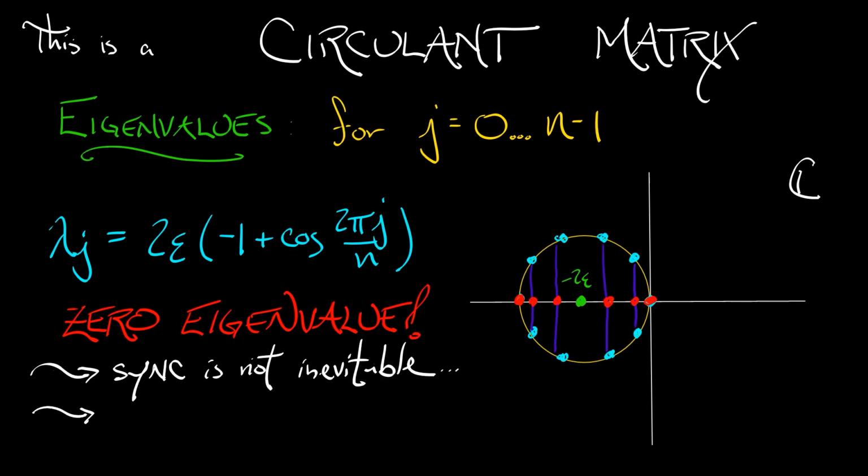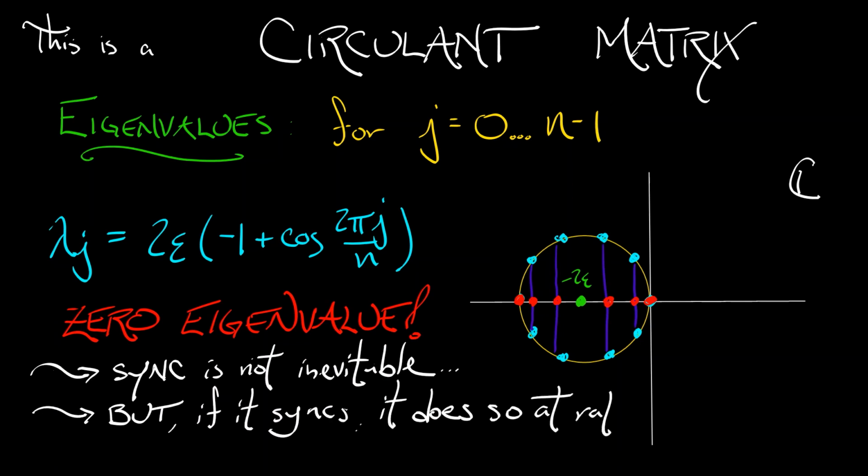But most of the eigenvalues are negative and real, which means, roughly speaking, most of the time you are going to synchronize, and if you do, then you do so at a particular rate, a rate given by the largest non-zero eigenvalue. And you can take that value, that 2 epsilon times negative 1 plus cosine 2 pi over n. You could do a little bit of asymptotics on that as n goes to infinity. I'll let you do that.